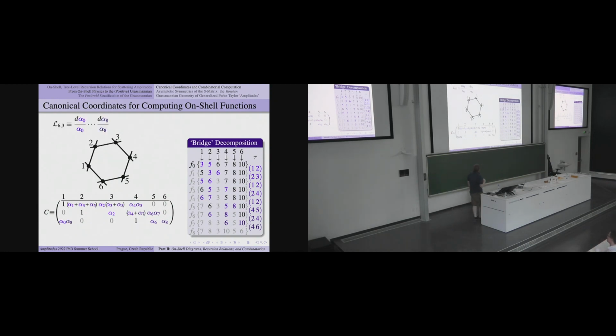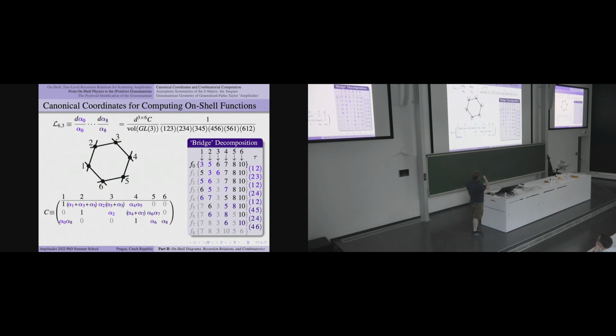Okay. So it turns out, and this is one of those things that physicists guessed, and we'll see how we guessed it from the Parke-Taylor ansatz in a little bit, that this nine-dimensional form, which is the top dimensional form on the nine-dimensional space of 3×6 matrices modulo GL3, can actually be written in a much more suggestive way.